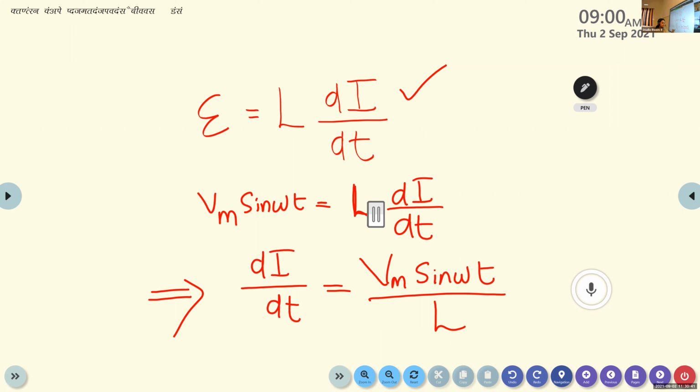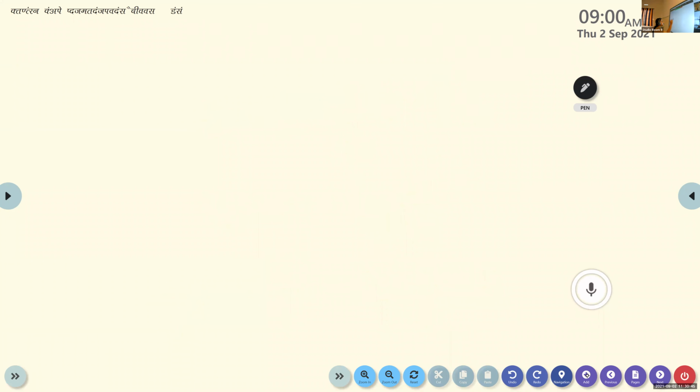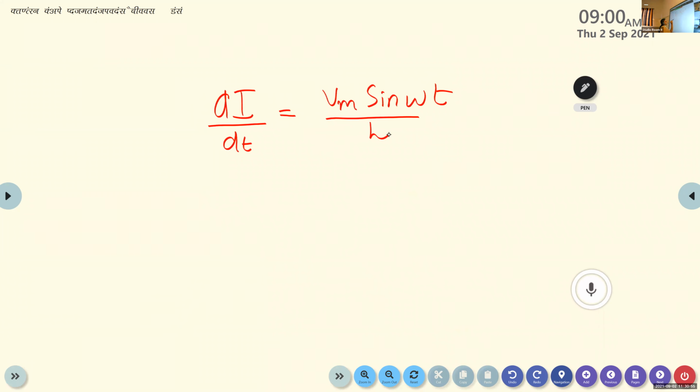Then what is di? Here we get di by dt is equal to Vm sin omega t by L. Therefore, di is equal to Vm by L into sin omega t.